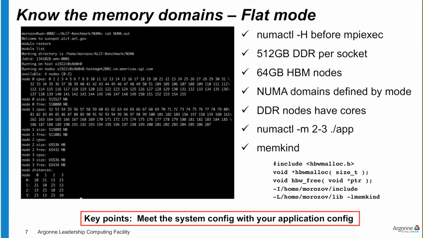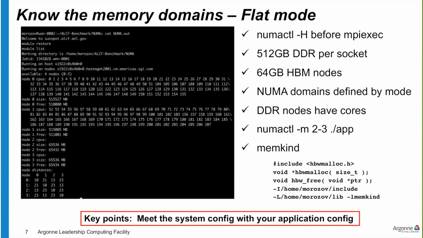The machine supports both cache and flat mode, where the cache mode uses high bandwidth memory as a cache to DDR, while in flat mode, both memories are available as independent NUMA domains. At the moment, it is recommended to use memkind if you are in flat mode and if you want to use both NUMA domains at the same time.